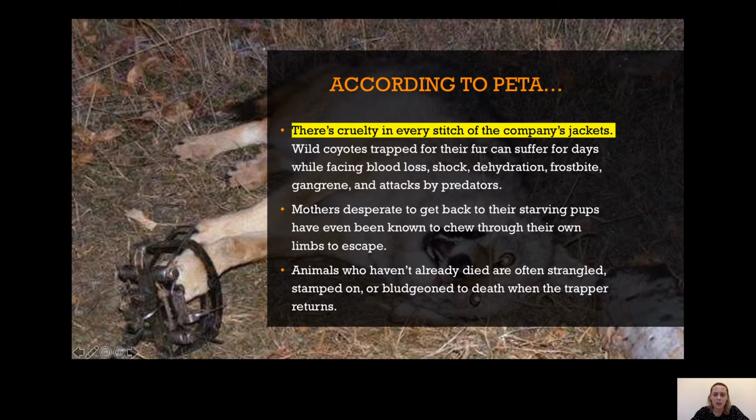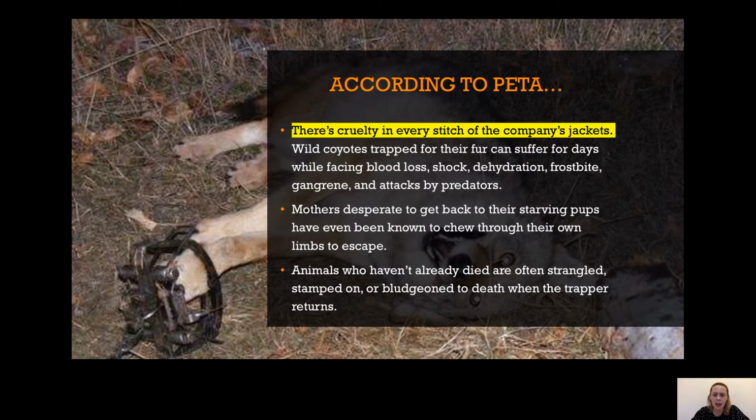These wild coyotes are trapped for their fur, and they can suffer for days while facing blood loss, shock, dehydration, frostbite, gangrene, and attacks by predators. What PETA is saying is that Canada Goose trap the animals and just leave them to die in pain. And they really disagree with that because they're saying it's really inhumane and cruel.